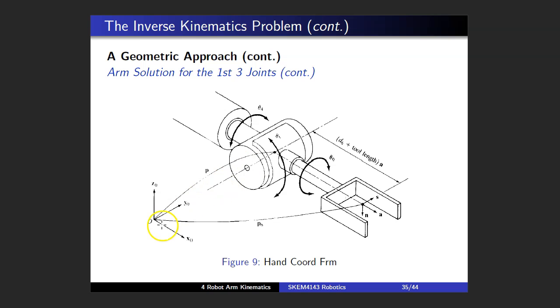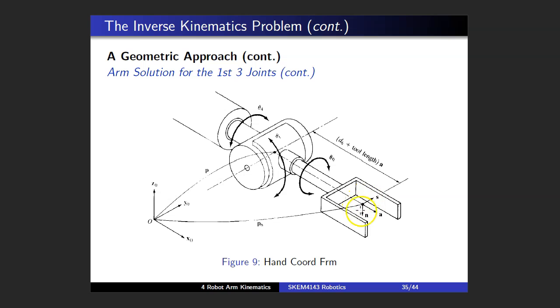From vector notation, P equals P6 minus D6 multiplied by A. So what is P6?